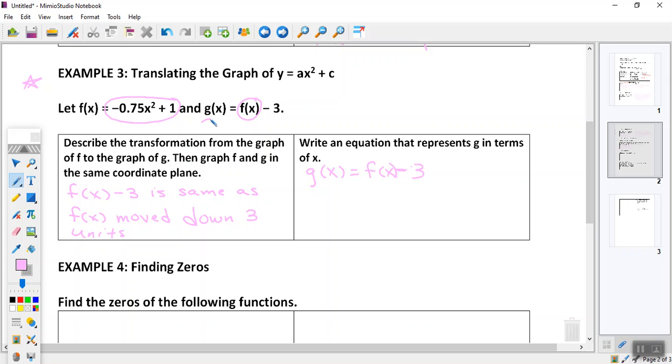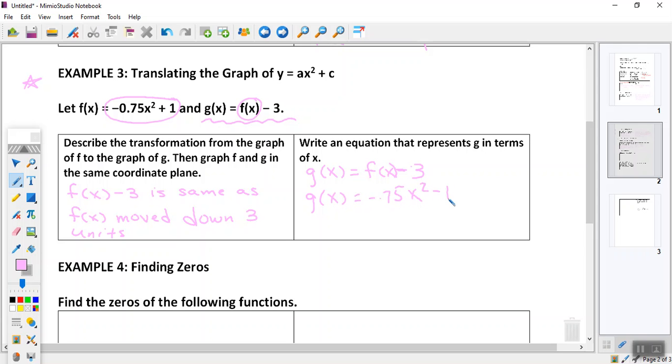Isn't that what they tell us right here? Okay, but guys, what is f of x? What is the function f of x right here? Negative 0.75x squared plus what? 1. So g of x would be that function f of x at negative 0.75x squared plus 1.